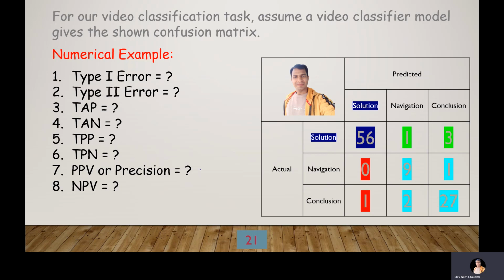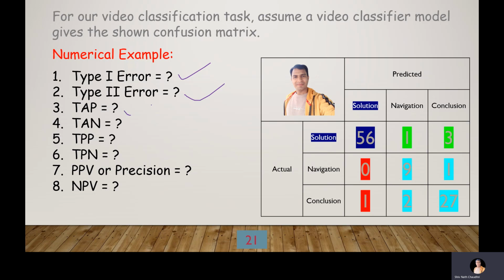Have you remembered the formula of these parameters? If you have thoroughly gone through part 1, these must be in your mind. Moreover, all of them are summarized in the above discussed slide. Hence, you may play back the video to see the formula if needed. Otherwise, I'm explaining. Type 1 error is calculated as FP. Type 2 error is calculated as FN.